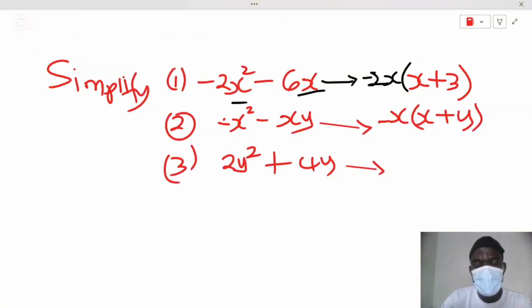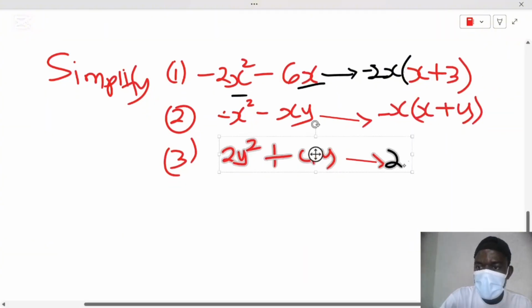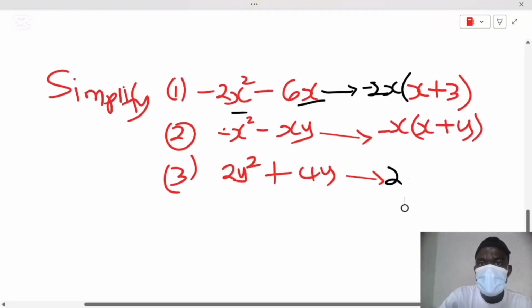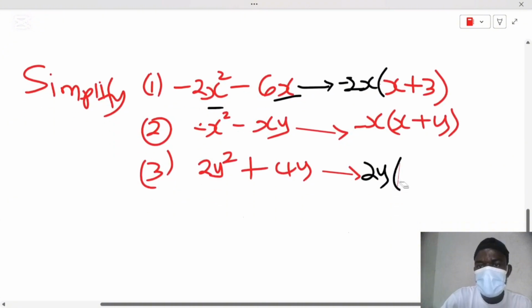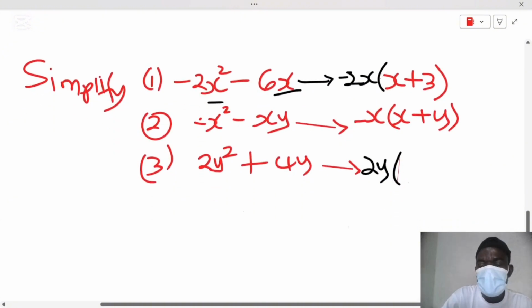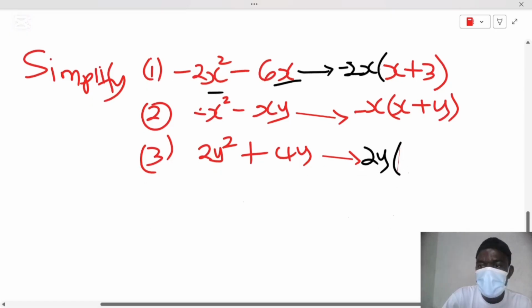Now let's look at 2y squared plus 4y. The common factor here is 2y. 2y squared divided by 2y is y.